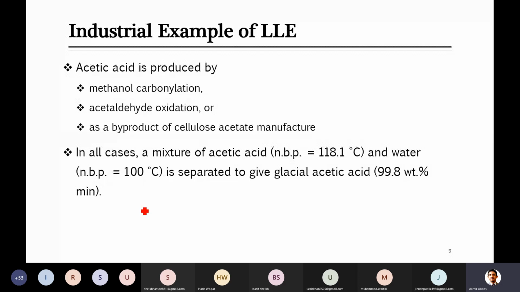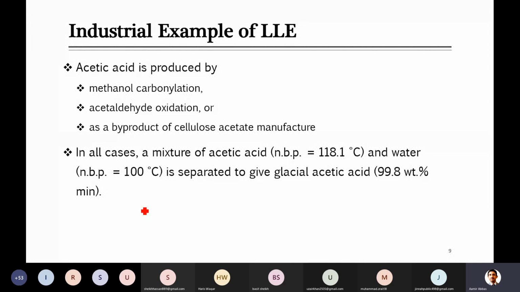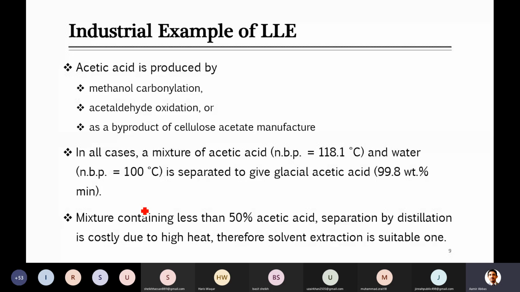So in order to produce this highly pure acetic acid, you need to separate the water which is produced along with it. So then what can be the option?